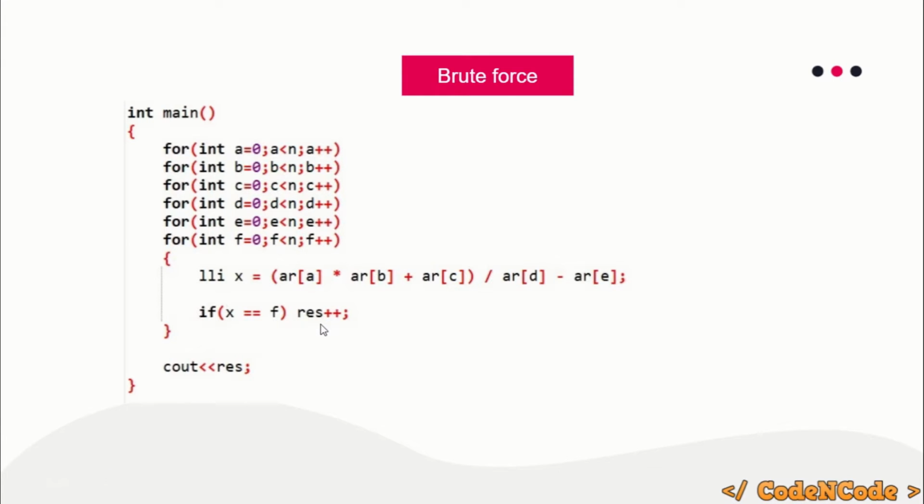If it is, result plus plus, and finally print the result. As simple as that. We are using 6 nested loops, and that is why the overall time complexity is n to the power 6. You can reduce it, but the brute force approach will require n to the power 6 time complexity. So let's see how we can improve on this time complexity.